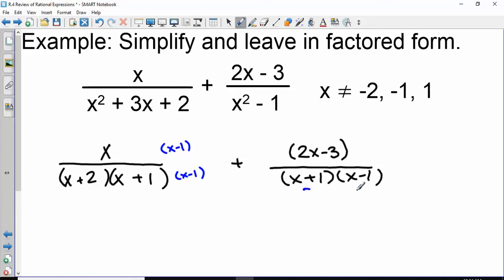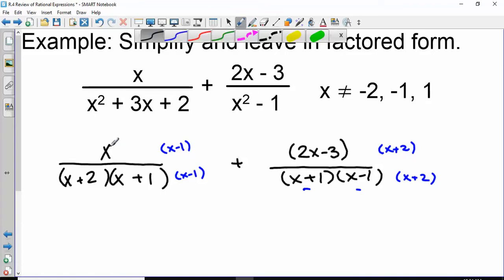If I'm looking at the second one, it has an x plus 1 and an x minus 1. What do we have in the first that I need? An x plus 2. Does everyone see where I got that? Do I need to go over that part again? Both of them had that x plus 1, so we didn't have to include that anymore.